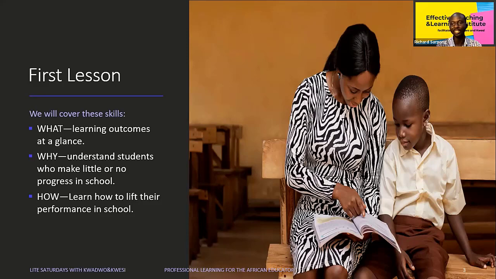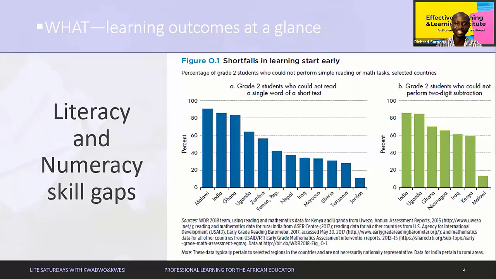And I would like to make references to some of the outcomes that this particular report outlines. If you look at the primary level, it shows that there is a shortfall in learning very early in the educational phase of a child.